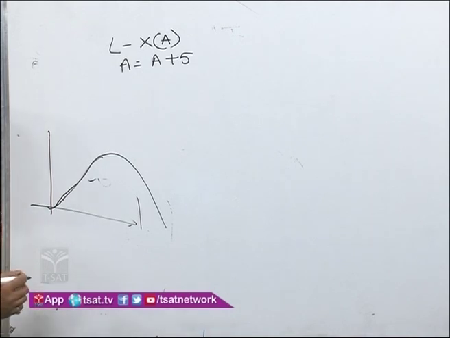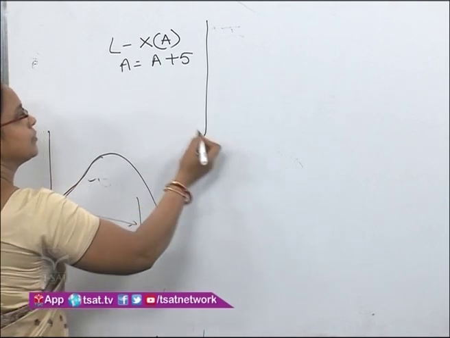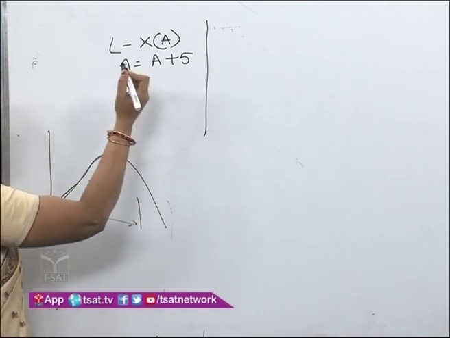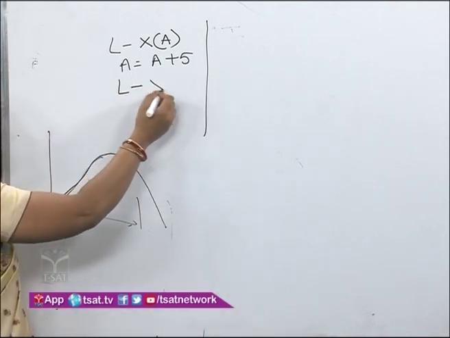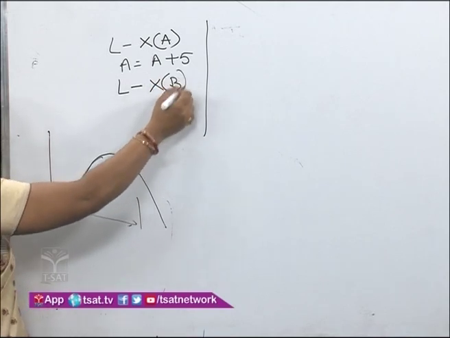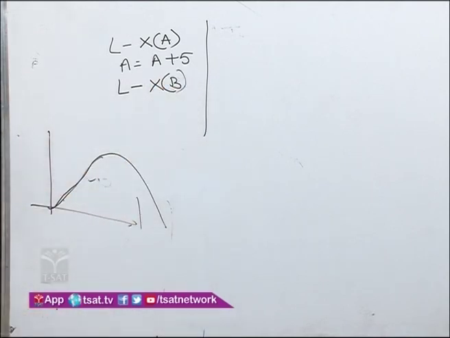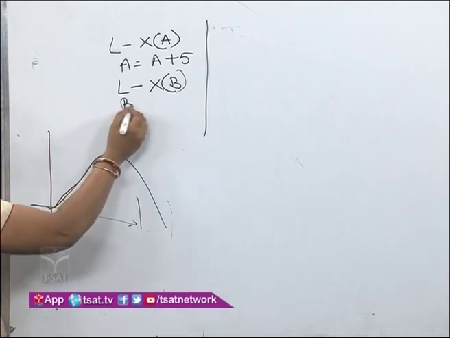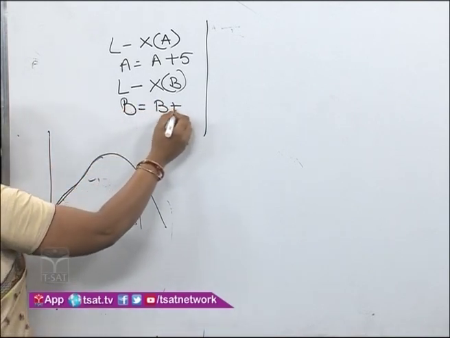Then I want to change the marks of B, so I again apply an exclusive lock on B. Why exclusive lock? Because I want to update. Whenever I want to write, you have to apply an exclusive lock. Then change the marks of B: B equals B plus 5.